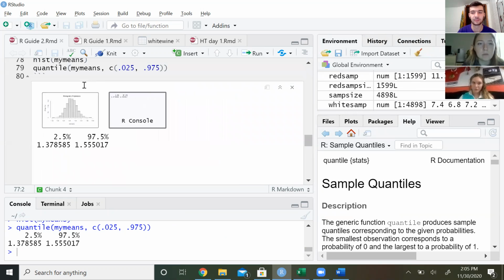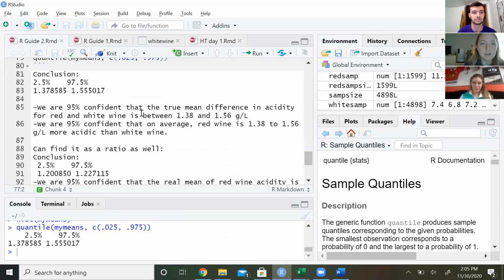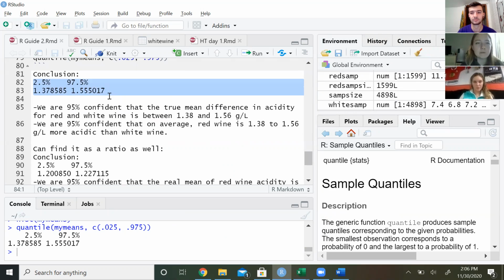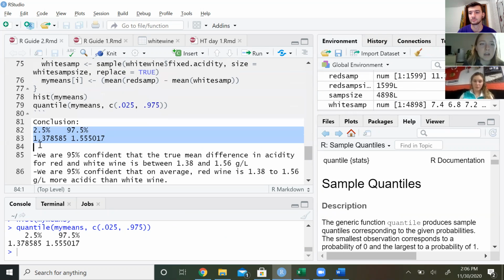And then we can look at what our console popped out for our quantile boundaries, and then I just copy and pasted that information right here. So for our 2.5% boundary, we have the difference of red and white mean acidity as 1.38, and then the upper bound as 1.55.